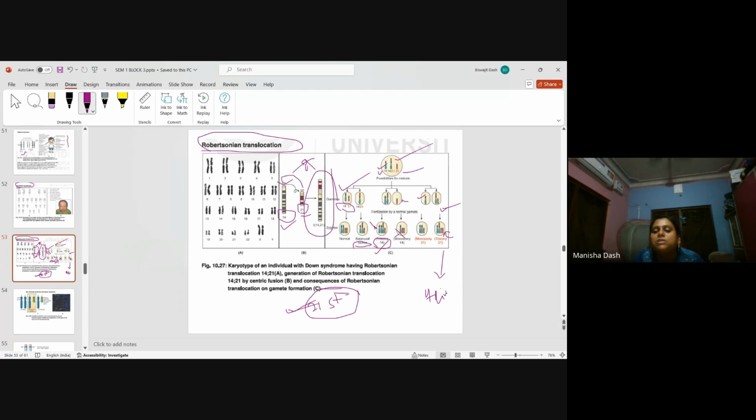So some Down syndrome can also occur because of this Robertsonian translocation between chromosome number 14 and 21. Most trisomy will occur due to non-disjunction in either of the parents, but sometimes it can also occur because of this Robertsonian translocation condition. And this monosomy 21 will also disintegrate.